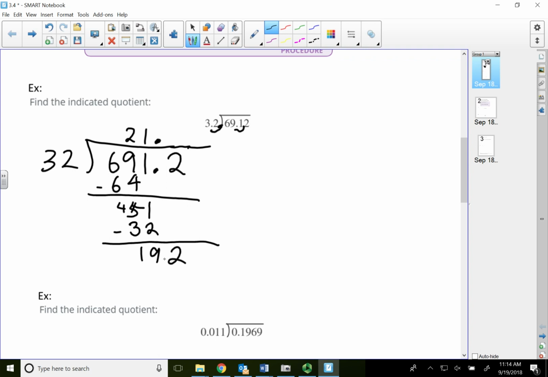The way I showed you how to do this before in Module 1, 32 going into 192 is about 6 times. 6 times 2 is 12, carry 1. 6 times 3 plus 1 is 19. So my remainder is 0, and my exact answer is 21.6.